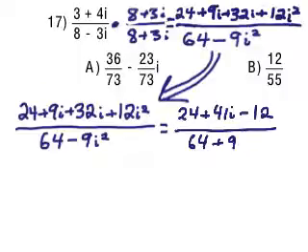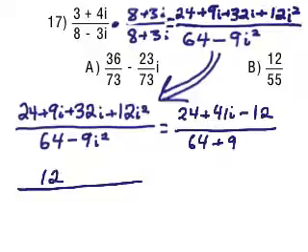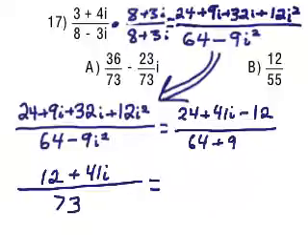So okay, I'm going to simplify it down over here. I can add the 24 plus the negative 12, that gives me 12, and then plus 41i. And then the 9 plus the 64 gives me 73. And now, to make this even uglier, we have to have two terms.